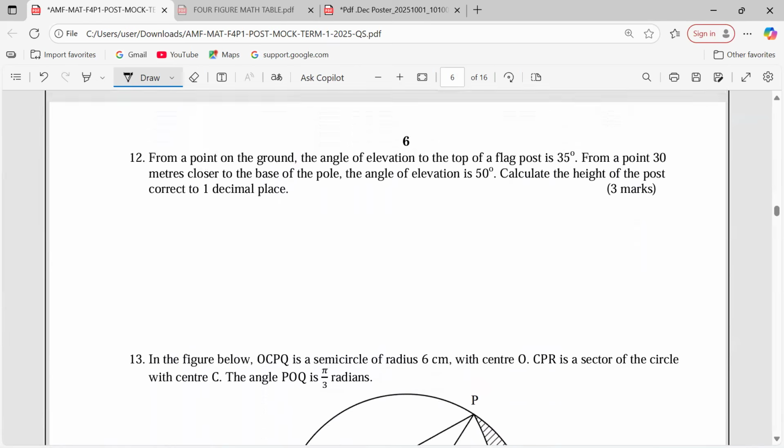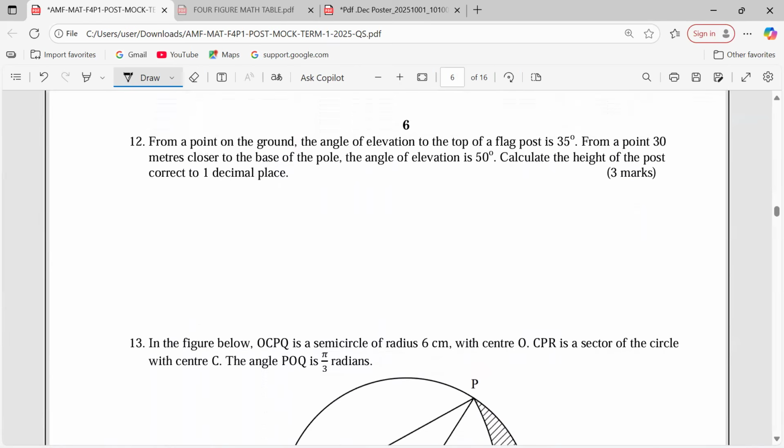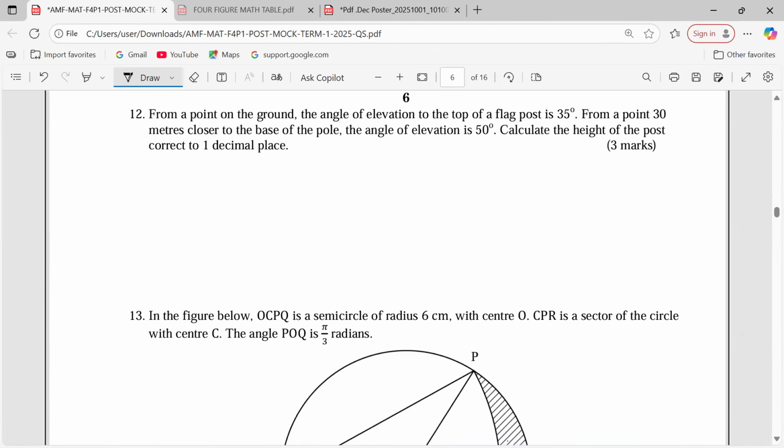When you're provided with information like this, it's always prudent to sketch the information into a diagram. Now, from a point, the angle of elevation is, let me show you how to maneuver through these. These are horizontal graph. We have a flag post somewhere here. Then from a point, the angle of elevation is 35.